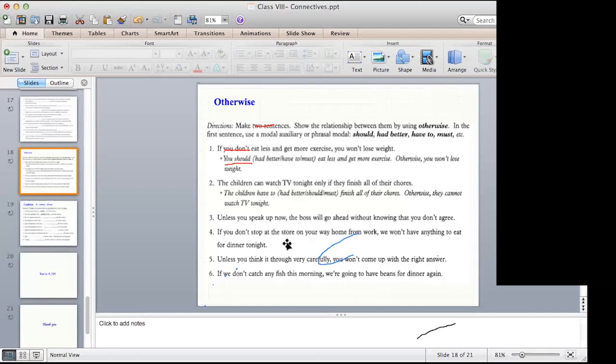Otherwise, you won't get a good grade. So it could be must, have to, or should, had better, depending on the degree or the function we have in the sentence. However, a modal verb must be there if you want to use otherwise, comma, and then the effect. Okay? Okay, thank you, teacher.